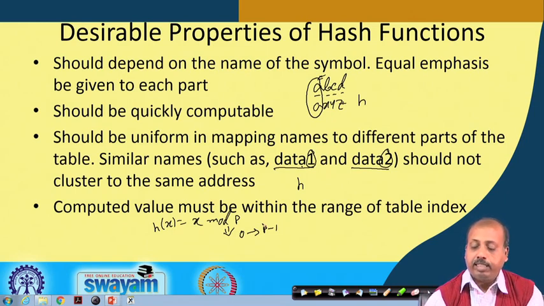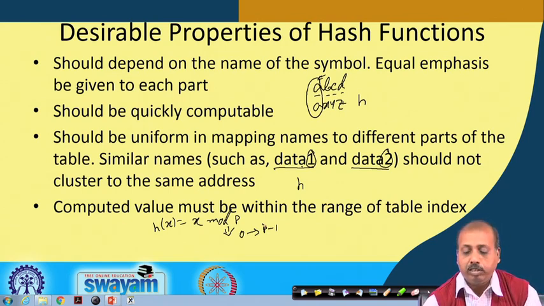That can create difficulty. So, this is also another desirable property. These are the desirable properties. As a compiler designer, we have to choose the hash function, so we have to keep in mind all these points to come up with a good hash function.